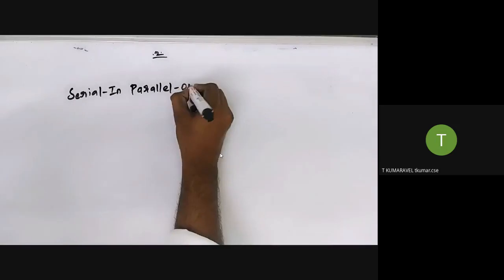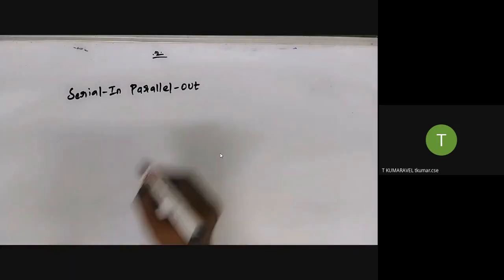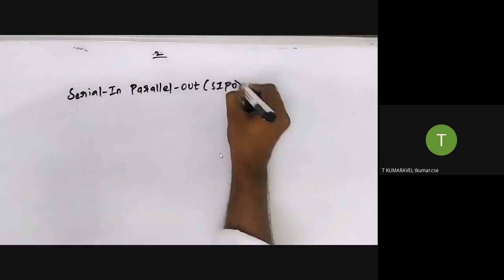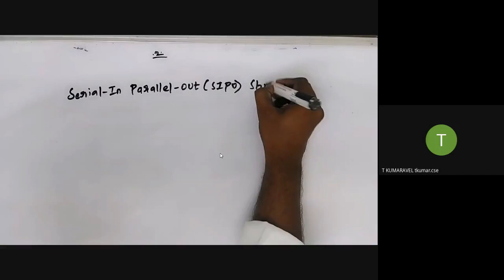So what is the meaning of serial in and parallel out? After storing the data in the flip-flop, what happens? In parallel, it is going to produce the output. That is the serial in, parallel out shift register.